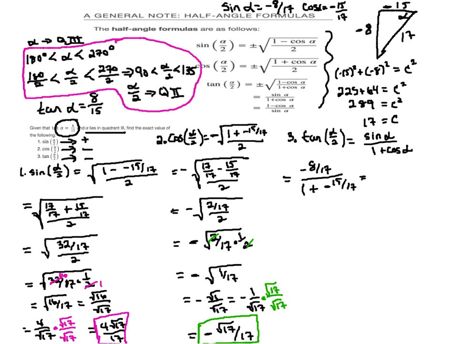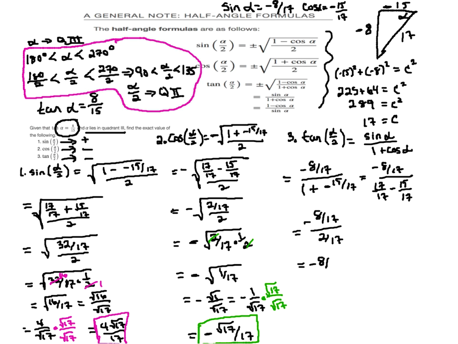Okay, so that is negative 8/17 divided by 17/17 minus 15/17, which is negative 8/17 divided by 2/17. I never divide fractions.